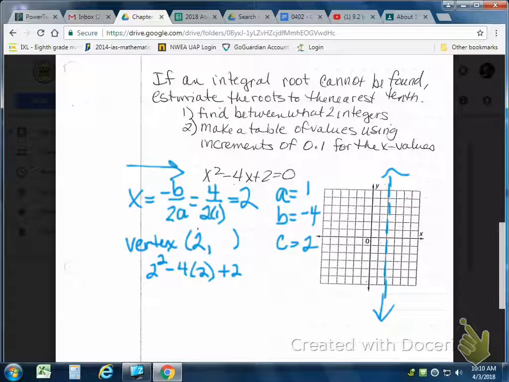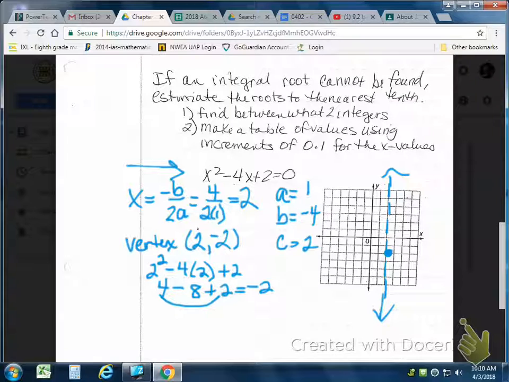So 2 squared, 4 minus 8 plus 2. What is it? 4 and 2 is 6, -2. So 2, -2. That's my vertex.